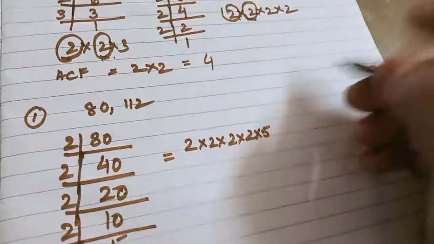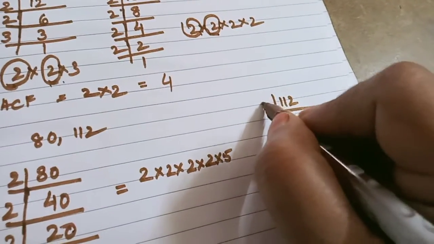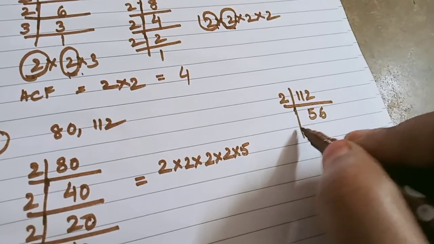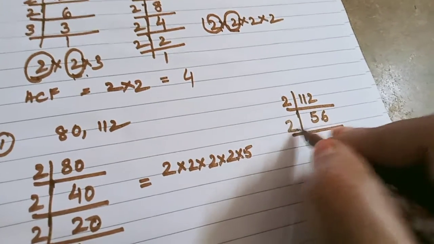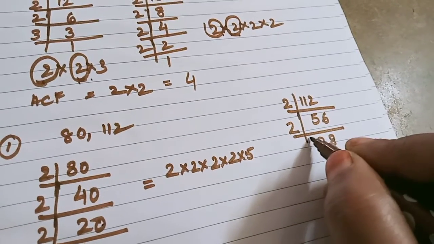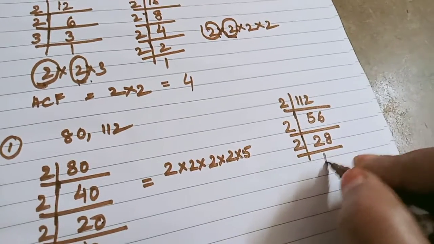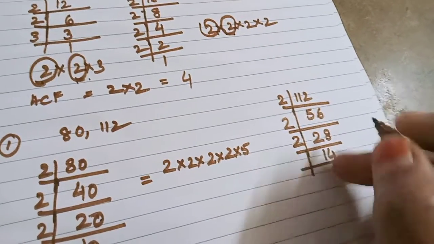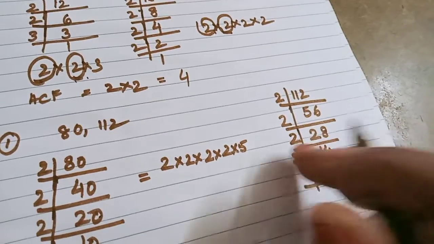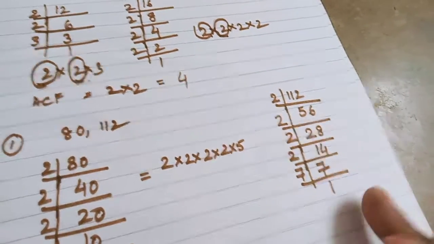Next is 112. What is the first prime factor? 2. 112 is divisible by 2: 2 fifty-sixes are 112. 56 is divisible by 2: 2 twenty-eights are 56. 28 is divisible by 2: 2 fourteens are 28. 14 is divisible by 2: 2 sevens are 14. 7 is not divisible by 2, only by 7. 7 is also a prime factor. 7 ones are 7.